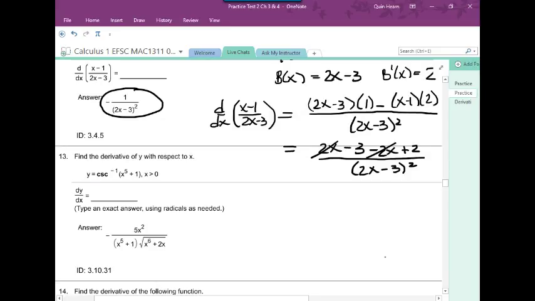Maybe reach out to me for assistance with the types of problems that you missed, and then you can retake the test. If you retake it by the deadline, then you would get full credit. If you retake it after the deadline, then you have a 10% deduction. That's just to encourage you to stay on track and get everything done by the deadline so that you don't fall behind in the class.